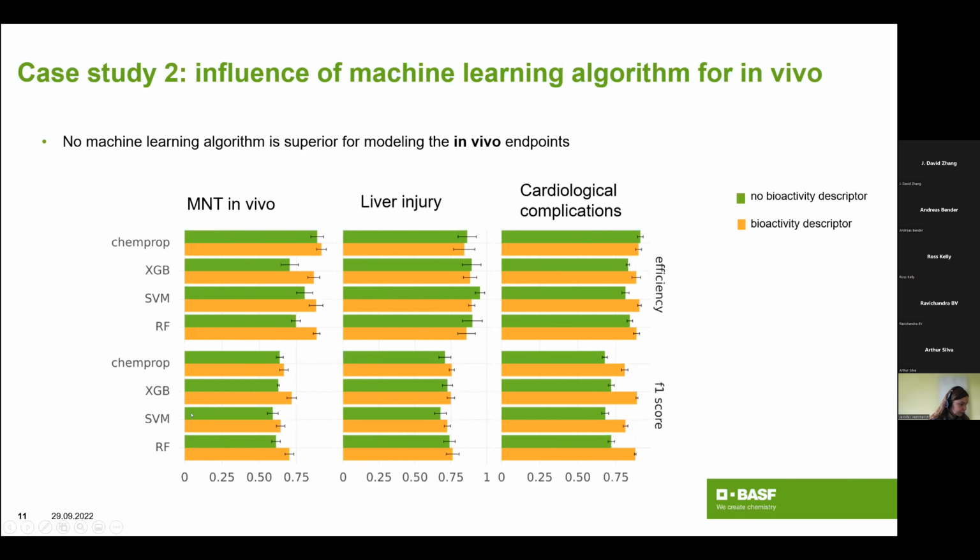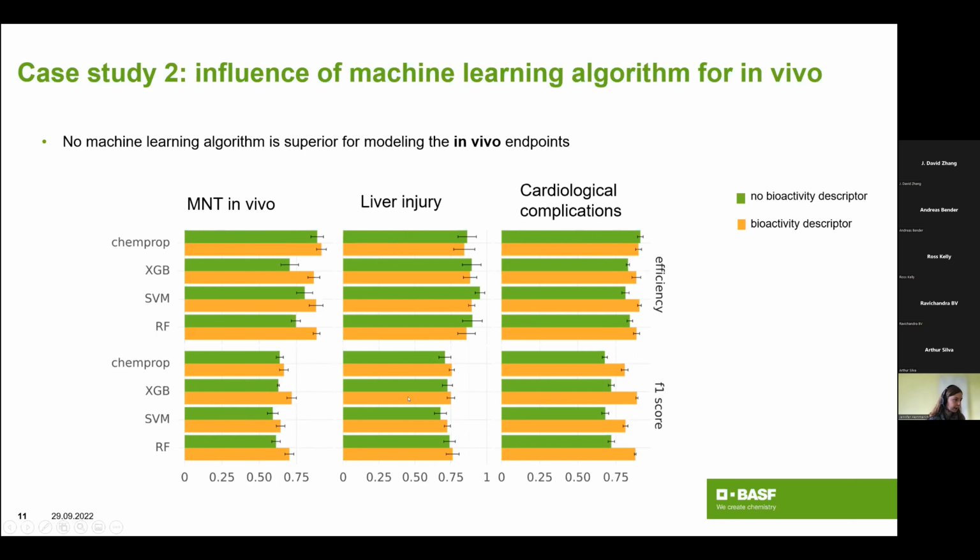So here, what you can see is that the forest-based methods seem to perform a little bit better than the support vector machine and the ChemProp model. But overall, I would say that most of these differences are not significant. And so the predicted performance is more or less in the range where we would expect it, and where I was also assuming that we cannot really improve the performance.